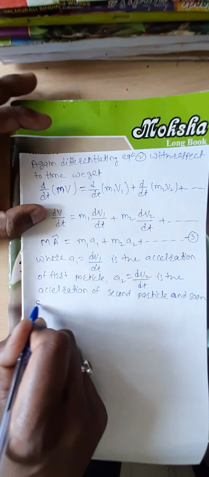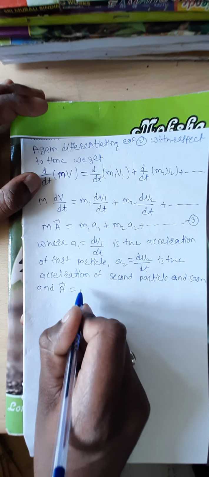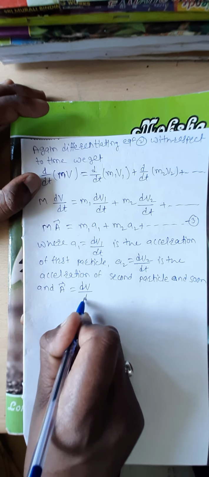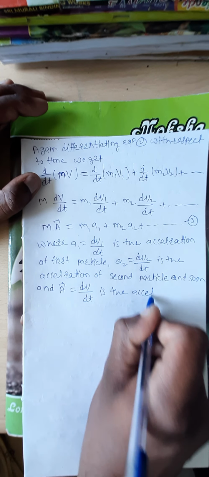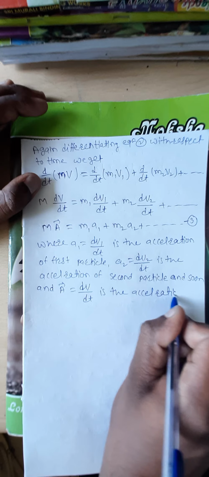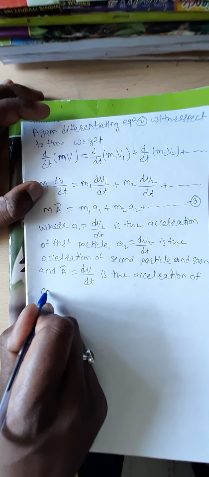And capital A is equal to dV by dt, the acceleration of the center of mass.